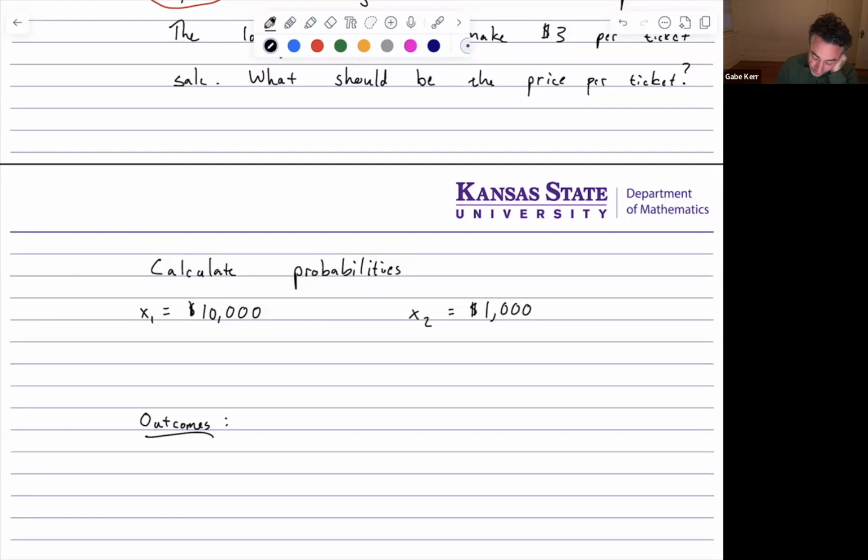The total number of outcomes are all possible permutations of length 4 of digits, of which there are 10, 0 through 9.